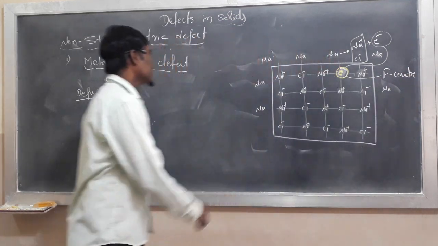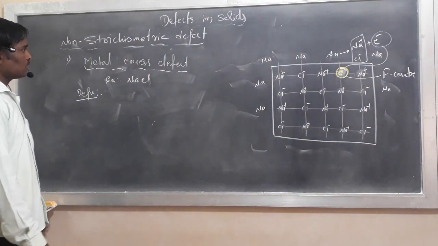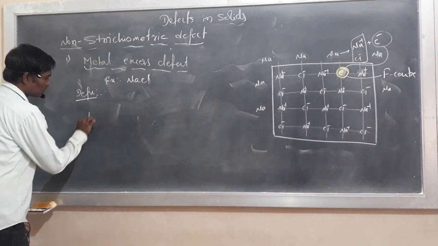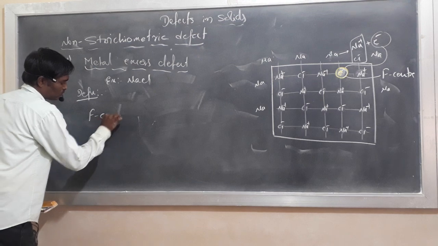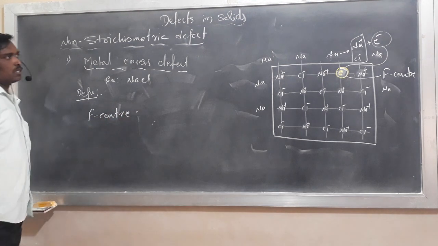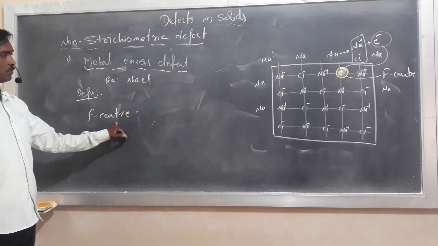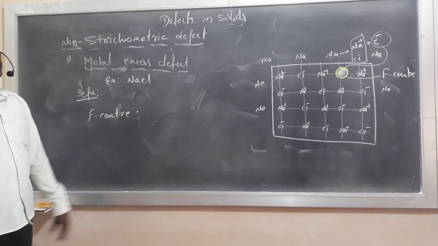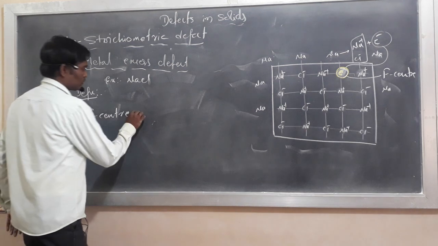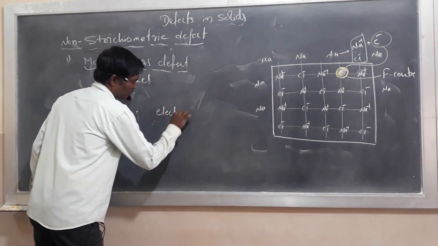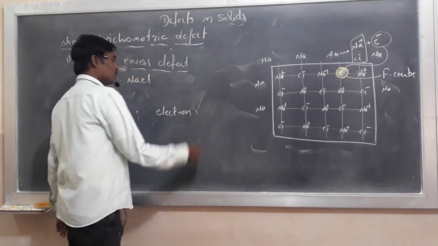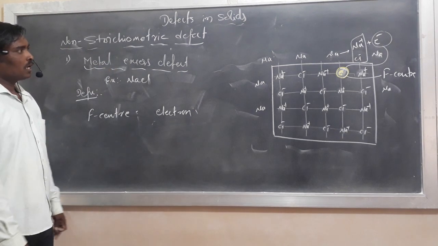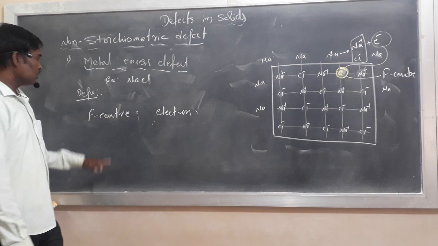It is important; in 1-mark questions they ask what F centers are. F centers are also called color centers. F centers mean electrons are trapped in an anionic site. Those are called F centers.